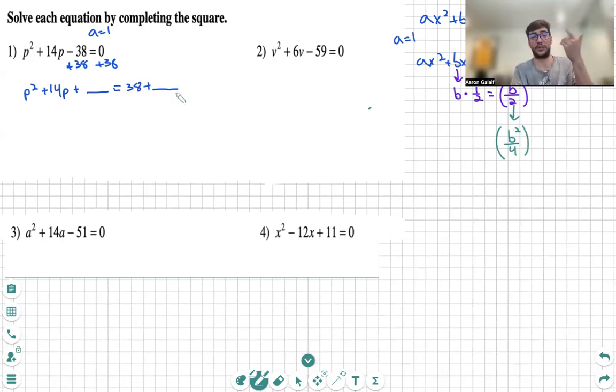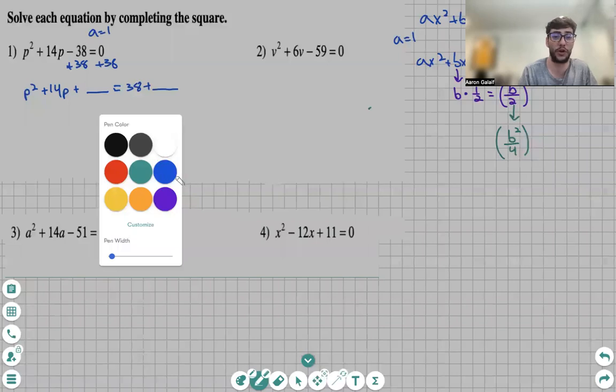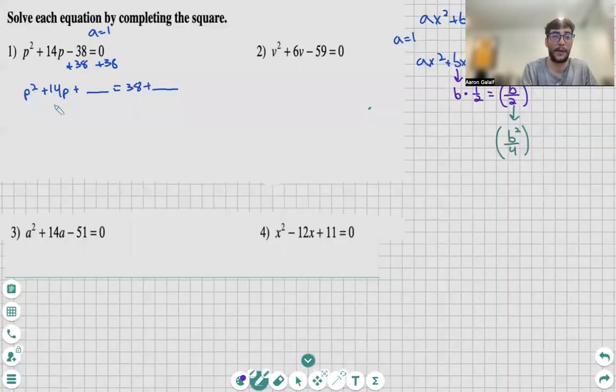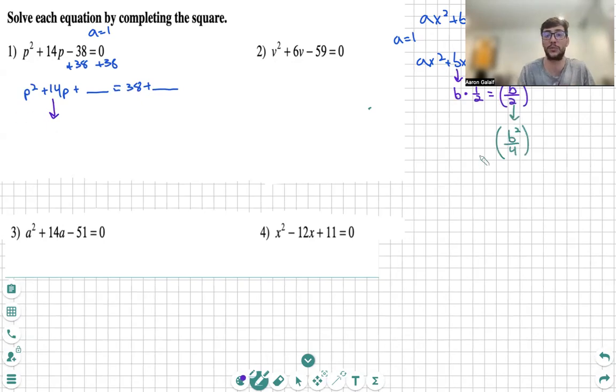So now let's approach it using those numbers instead of the b over the 2, because that can be weird. So first, I take my b. My b is 14 in this situation because we know ax squared plus bx plus c. So we have b, 14. I multiply 14 by 1/2 every single time.